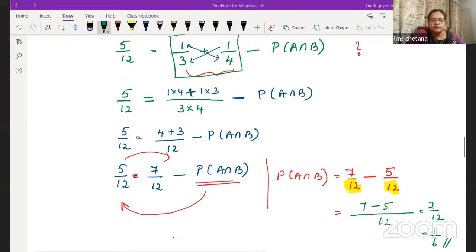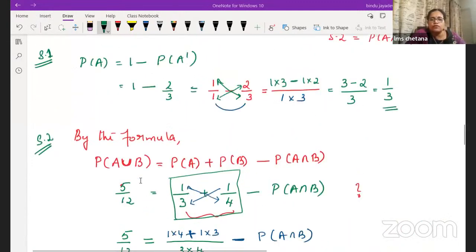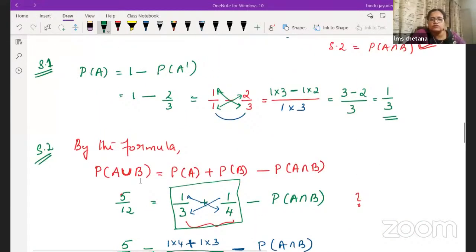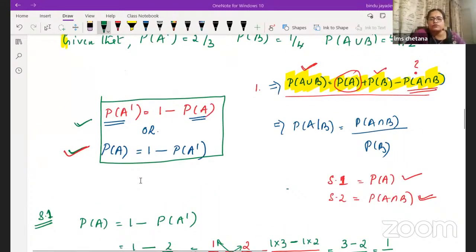Can you go to the next question? Therefore, first part is finished. Probability of A intersection B you have found, that is 1 upon 6. Okay, done.